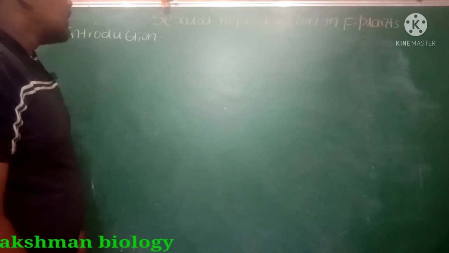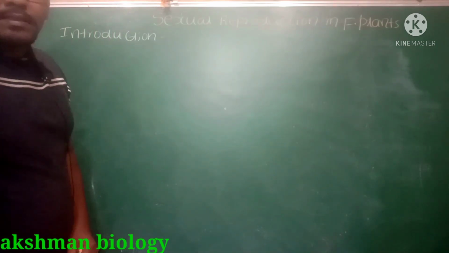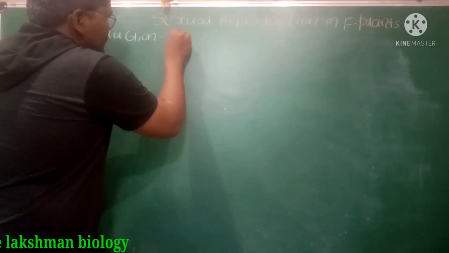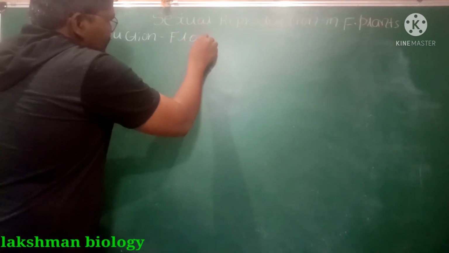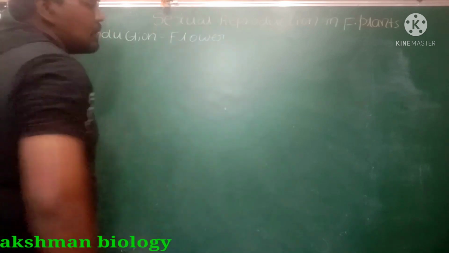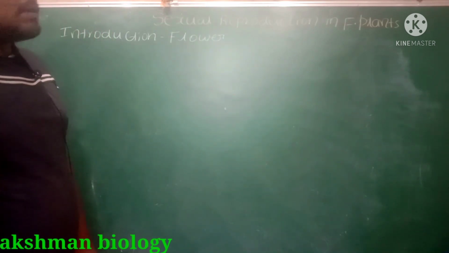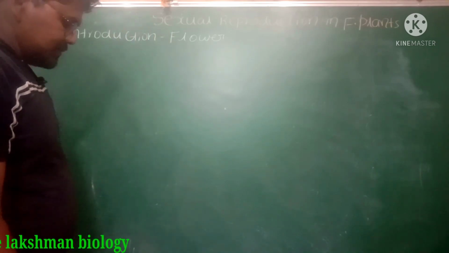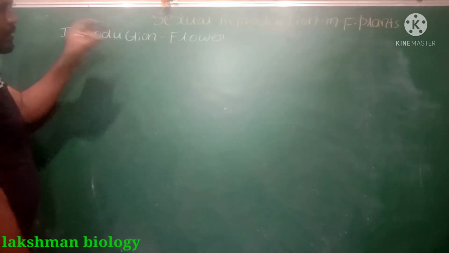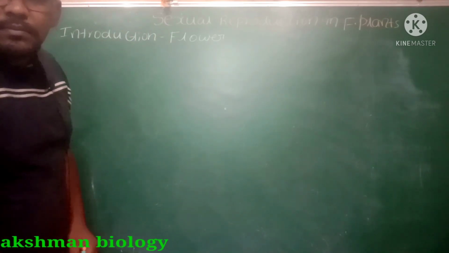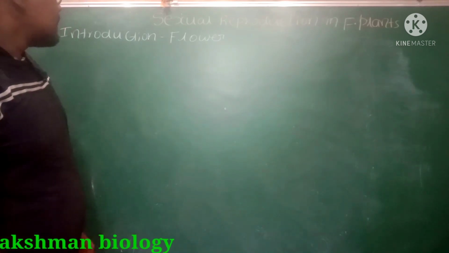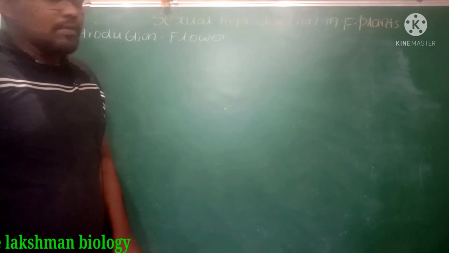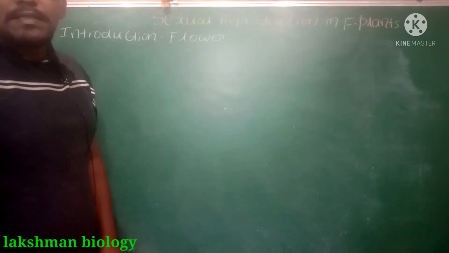Here, the reproductive part in flowering plants is the flower. The flower is the reproductive part in angiosperms. First of all, we have to discuss complete details of the flower and its parts.